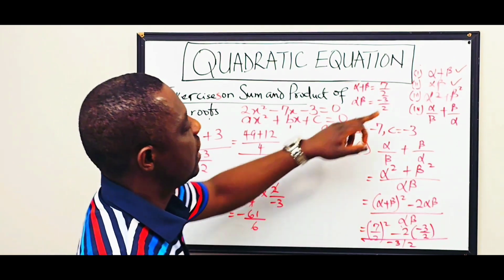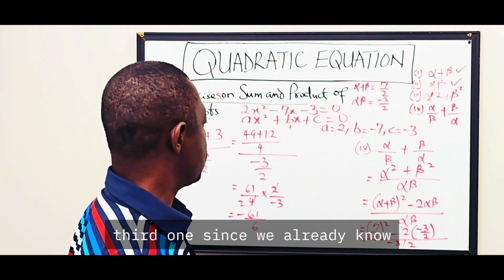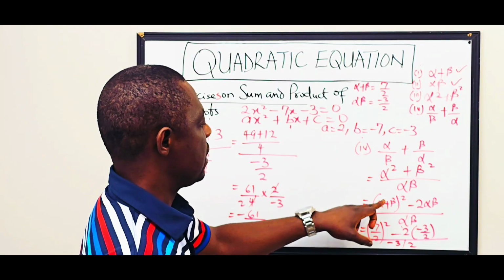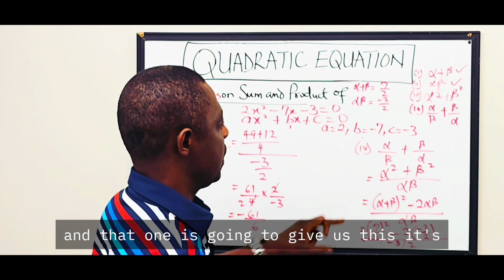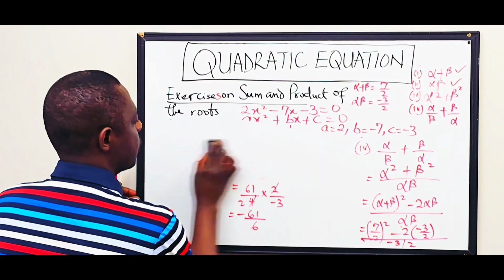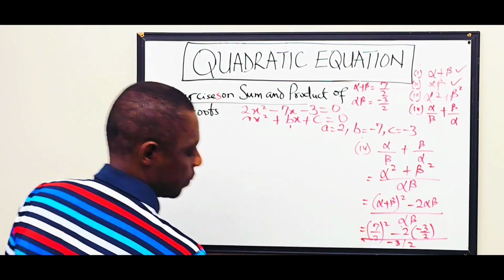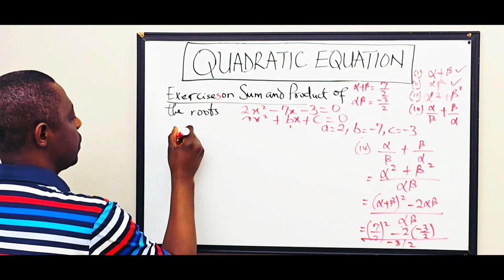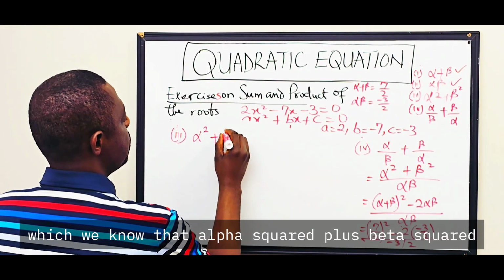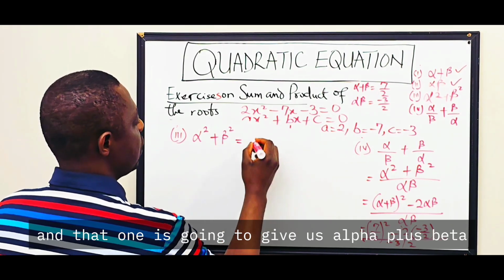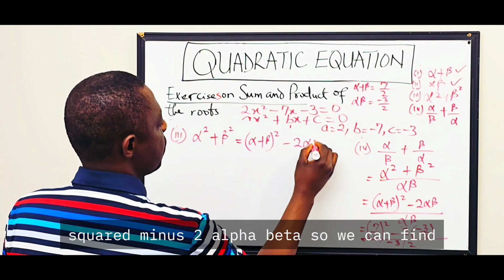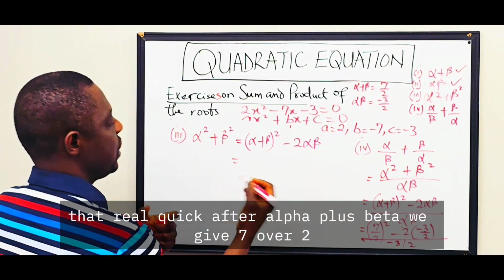Then for the third one, since we already know what alpha squared plus beta squared will give us, it's going to be easier for us. So the third one, which we know is alpha squared plus beta squared, is going to give us alpha plus beta squared minus 2 alpha beta. So we can find that real quick.